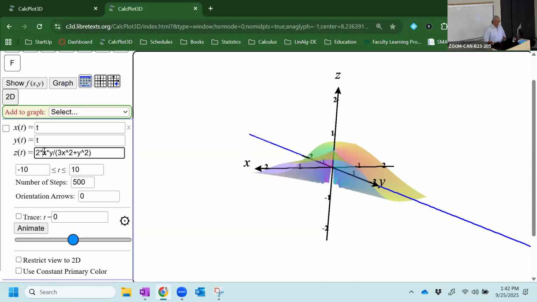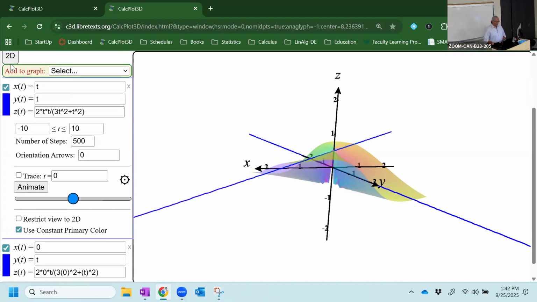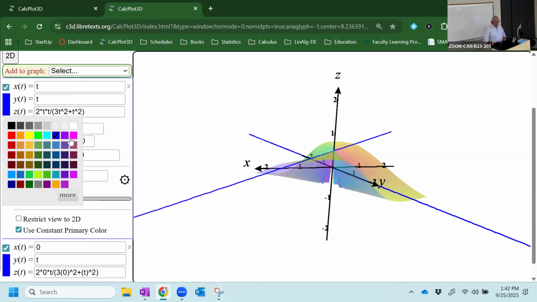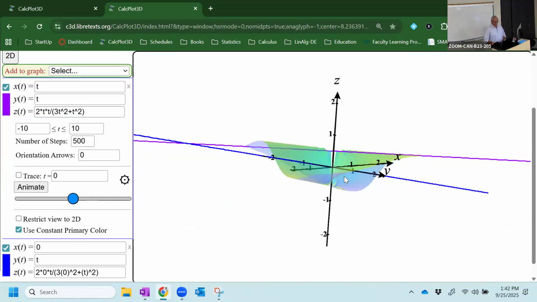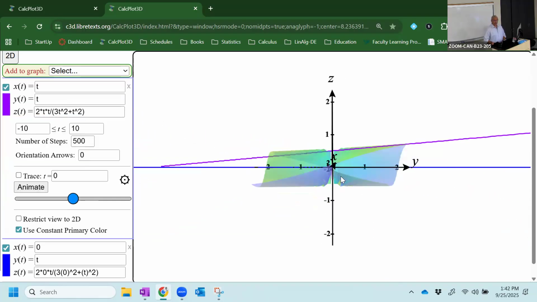And now when I see this, I'm going to put t in for x and t in for y. And then this is purple. I'm going to see I'm at a different height. Those lines are actually skewed.